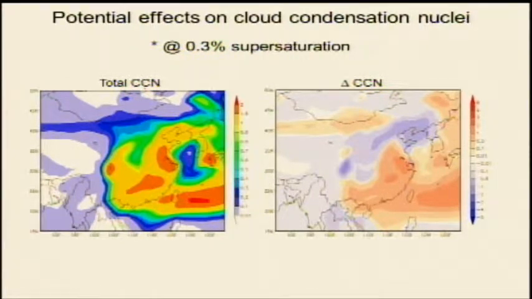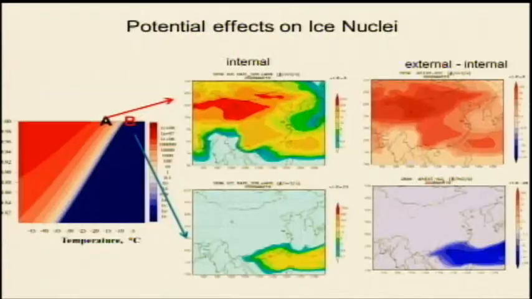You can see a very large difference in the condensation nuclei. The unit here is 10^4 or 10^5, and here is 10^2. Okay, you can increase the number of condensation nuclei by 2 or 3 times more, because of the coating on the dust.